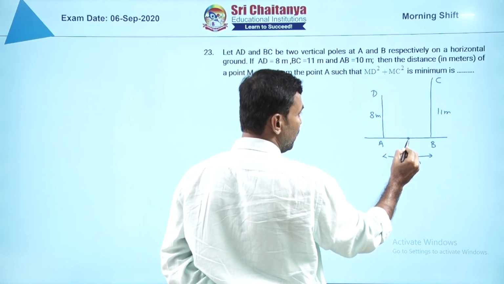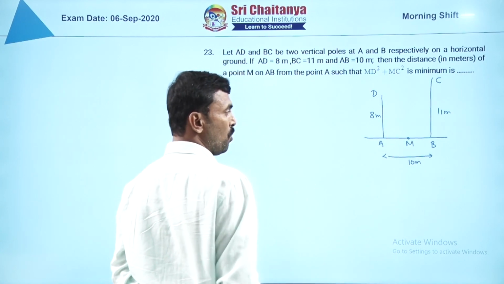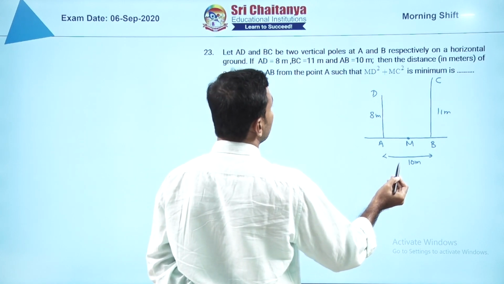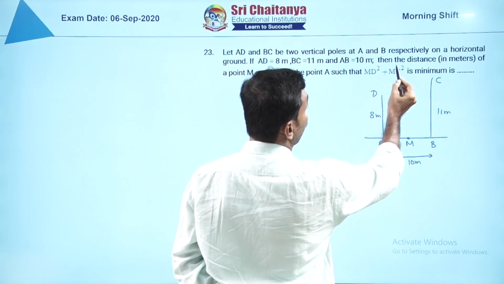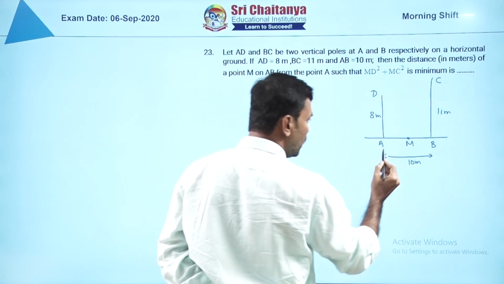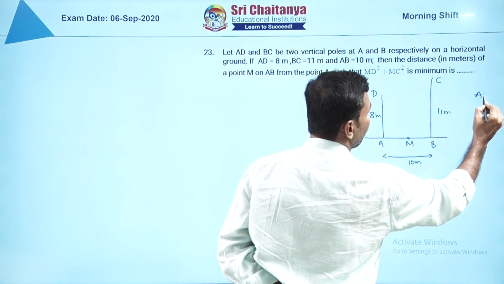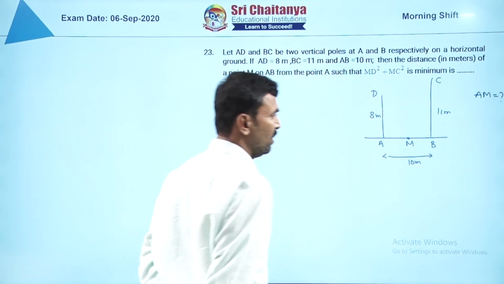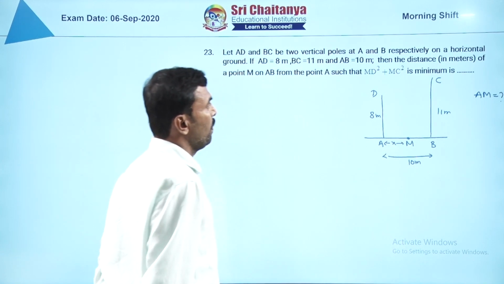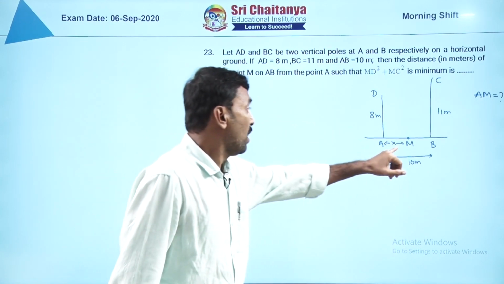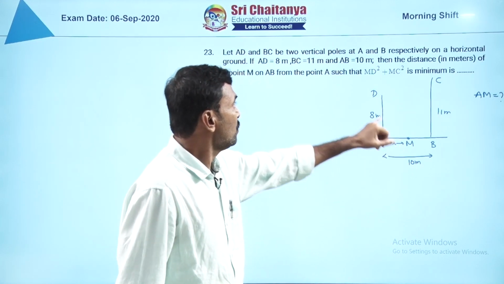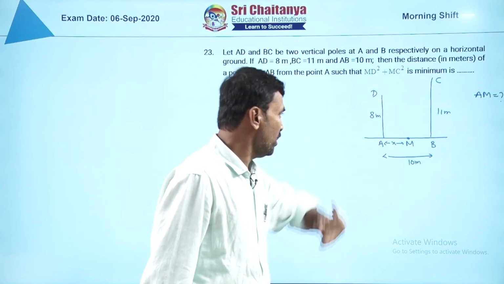That means M be a point on AB, you have to find out the distance of the point M from A. Let means you have to find out AM. AM is equal to how much? So, let us suppose AM is x.